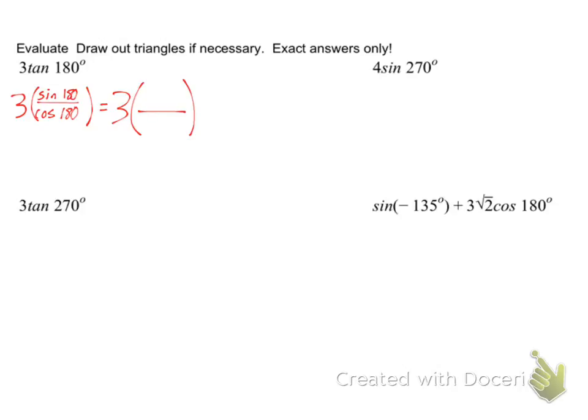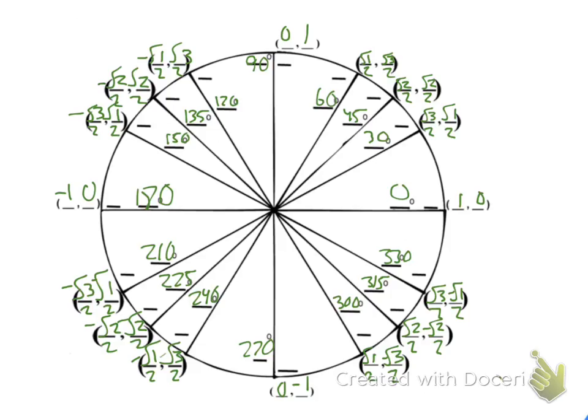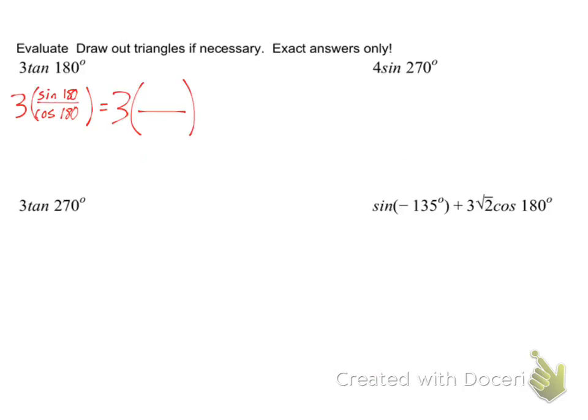So wait, let's go back. There's 180. Sine is the y value. Cosine is the x value. So it'd be 0 over negative 1. And what, wait, 0 divided by negative 1? Times 3? 0.